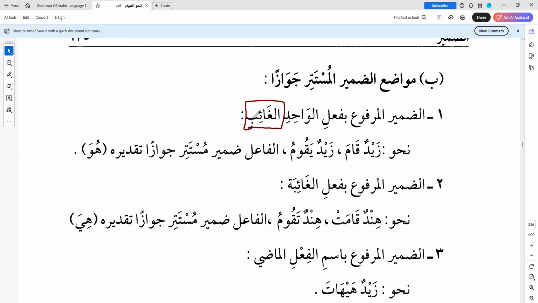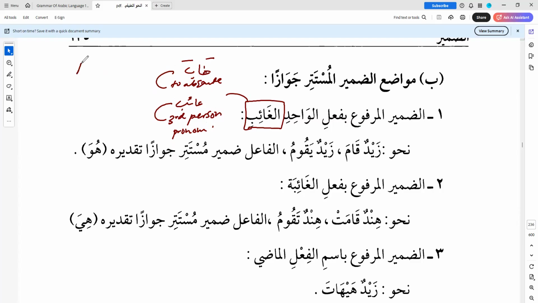Very, very important. Remember, غائب is from the word غاب, which means to be absent. But in grammar, when we say ضمير الغائب, we're looking at the third person pronoun in Arabic.